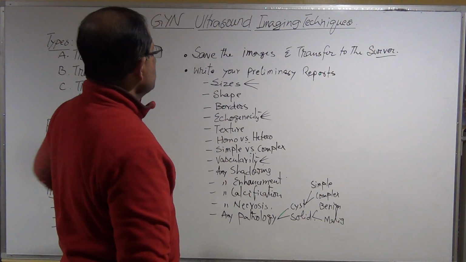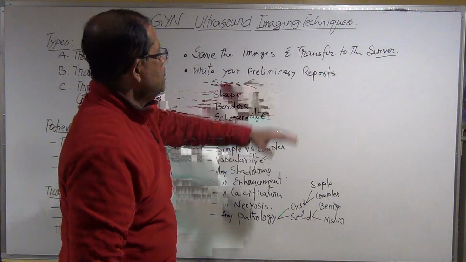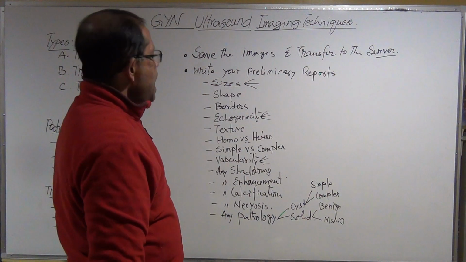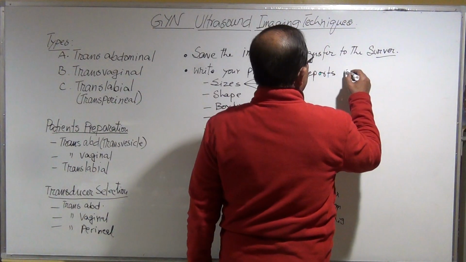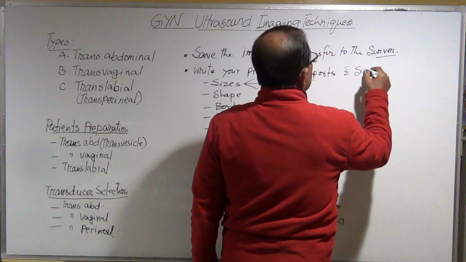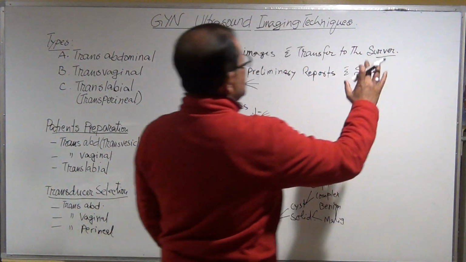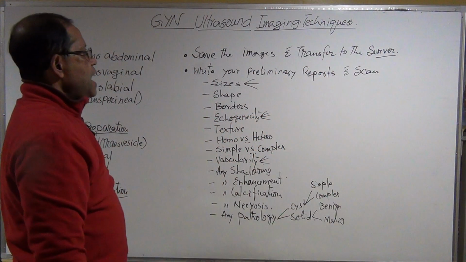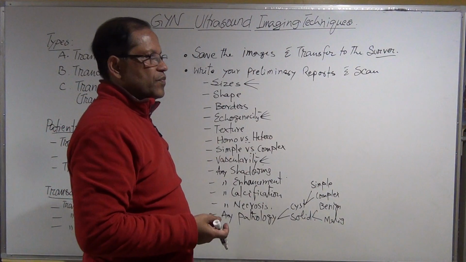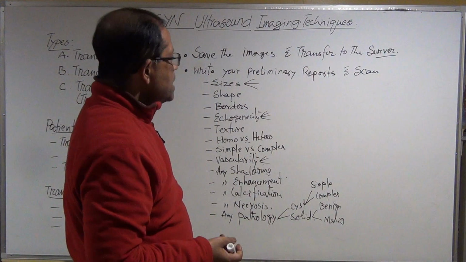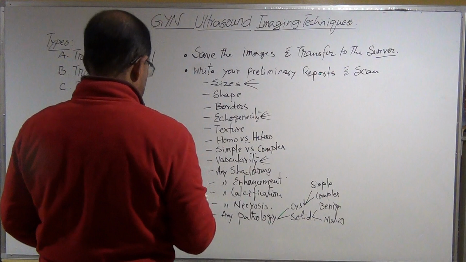Okay, so then you write down this preliminary report and you scan. It will be saved in the server, and the doctor will retrieve it. Okay, when you are done, then go to the radiologist.